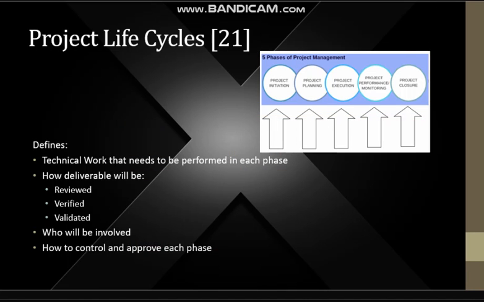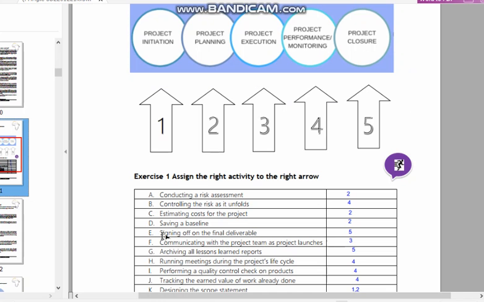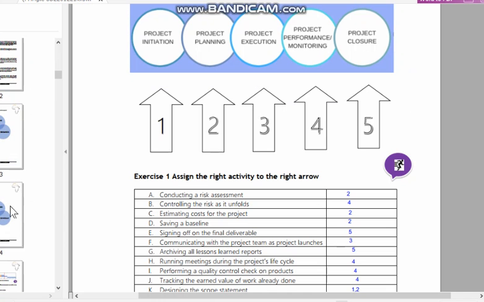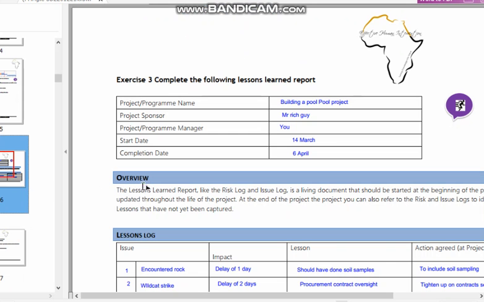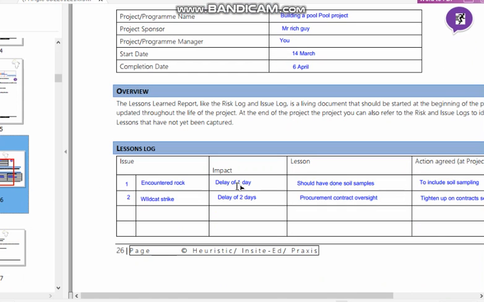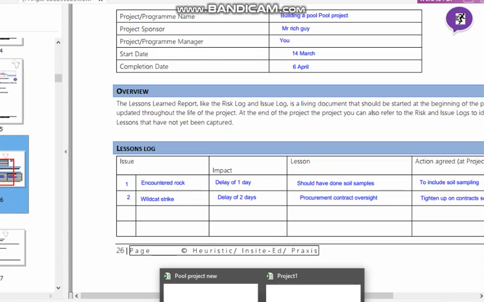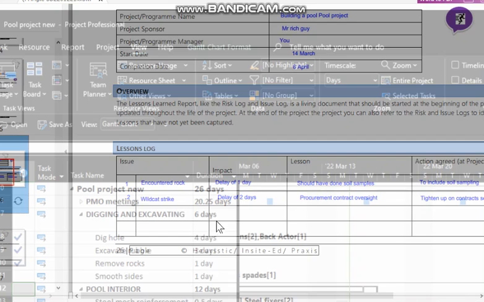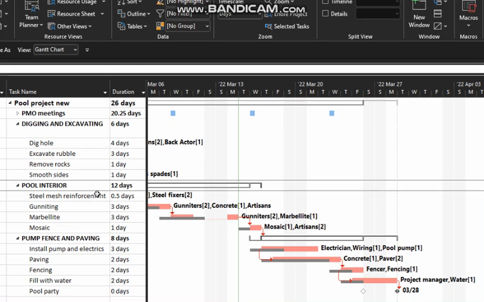We also spoke to a significant extent about lessons learned, the importance of lessons learned in a project, and we did a small template where we looked at, say, the pool project and decided what needs to be done at the end of every single phase.